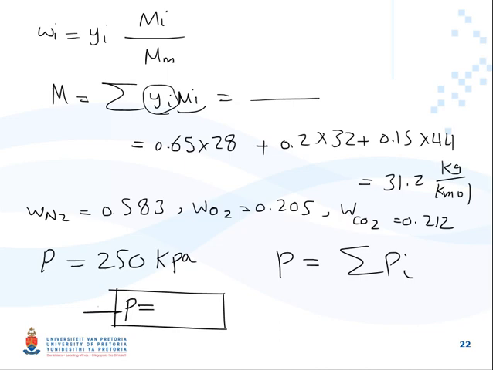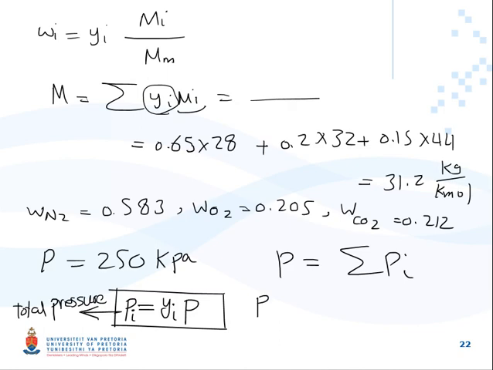Here we need to know that for the total pressure P, when we are speaking about the ideal gas, the pressure of species i is equal to yi multiplied by total P. Let's apply it here.